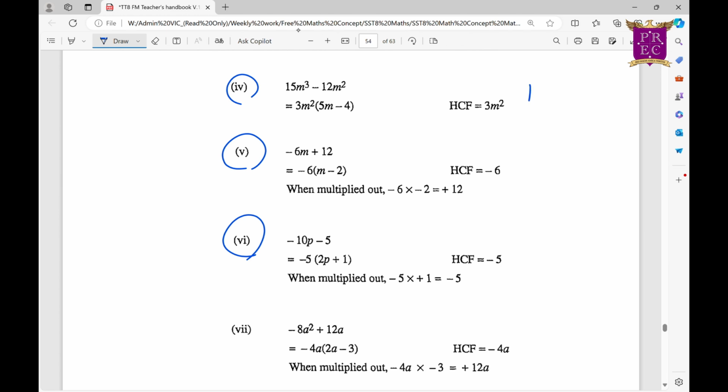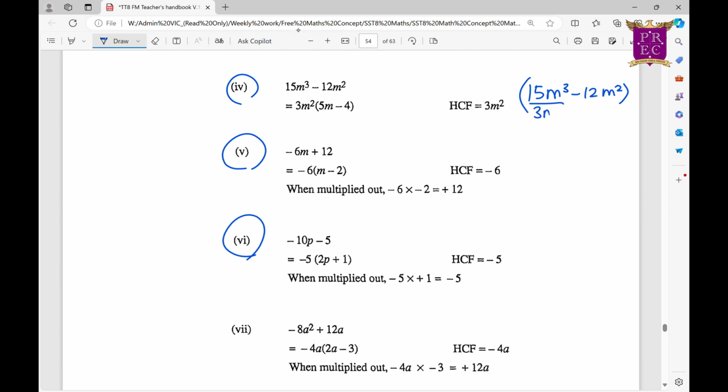And so if I just write it and then I put brackets around it, and once again 15 and negative 12, the highest common factor would be 3. So you're left with 3m squared.